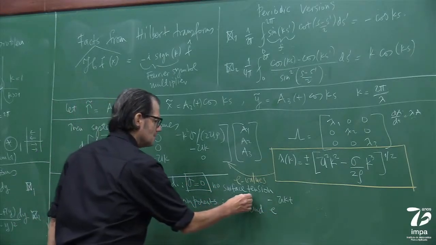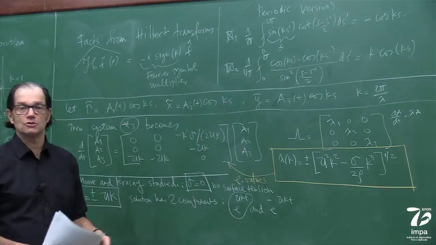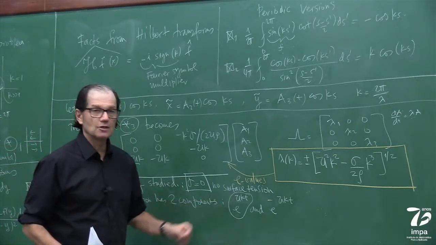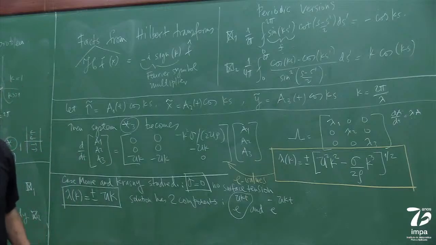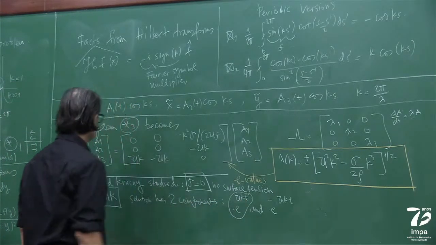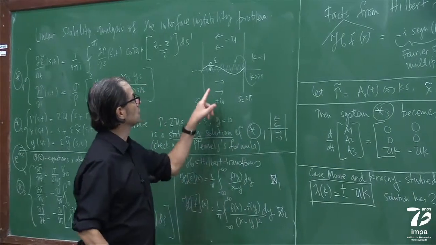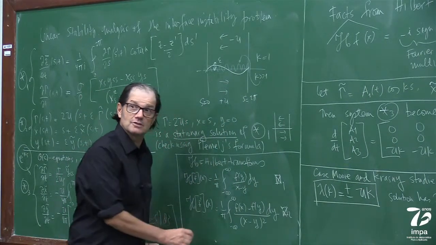So the important guy is this growing mode, because this guy will make the solution grow indefinitely. And look what happens. What I can say from e to the UKT, if I look at here, it says two things.